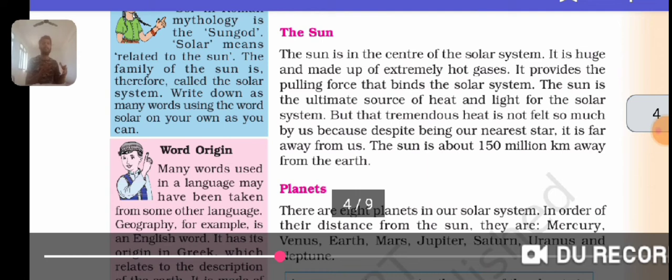The sun is the center of the solar system. It is made up of huge, extremely hot gases, and it provides the pulling force that binds the solar system. The sun is the ultimate source of heat and light for the solar system, but the tremendous heat is not felt so much by us because, despite being our nearest star, it is far away from us.